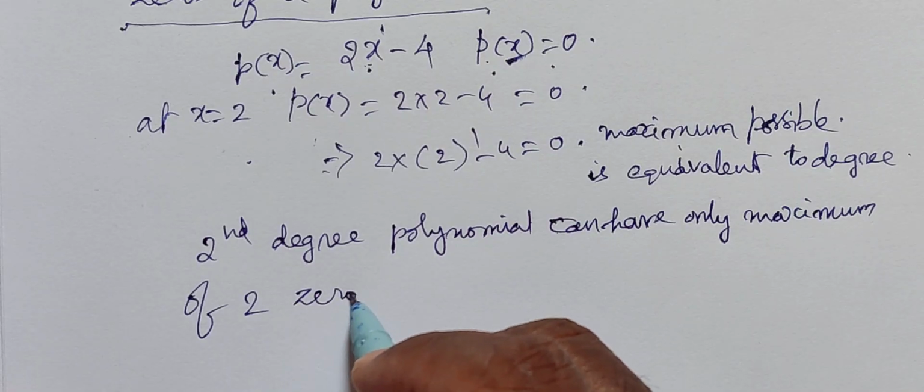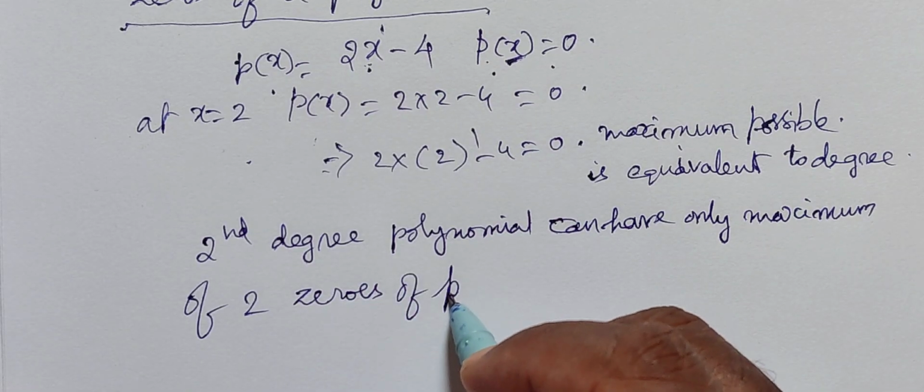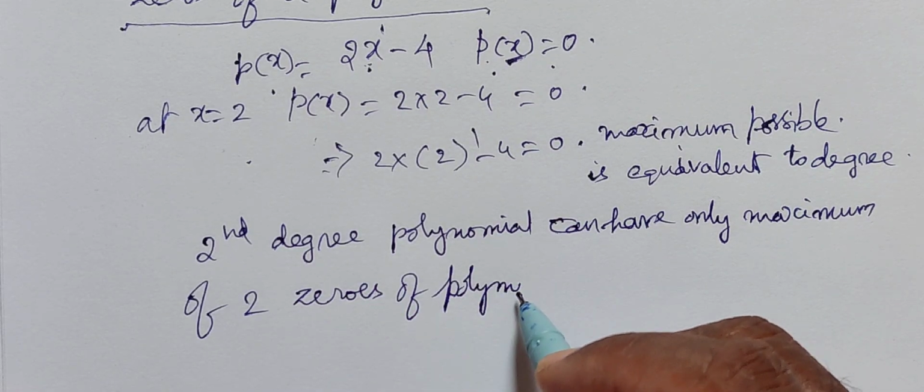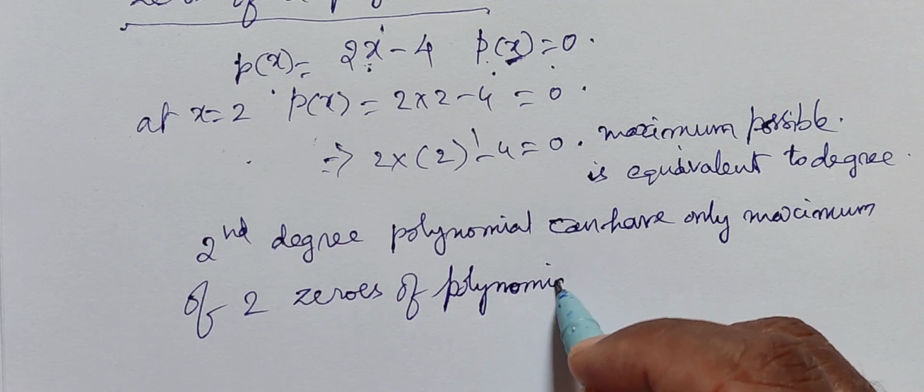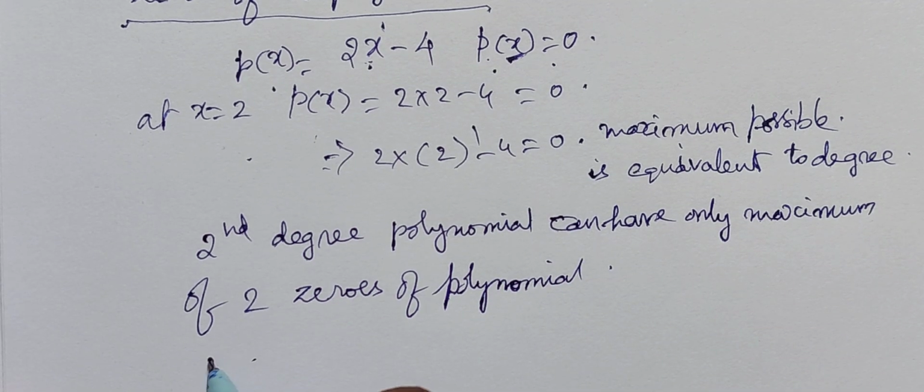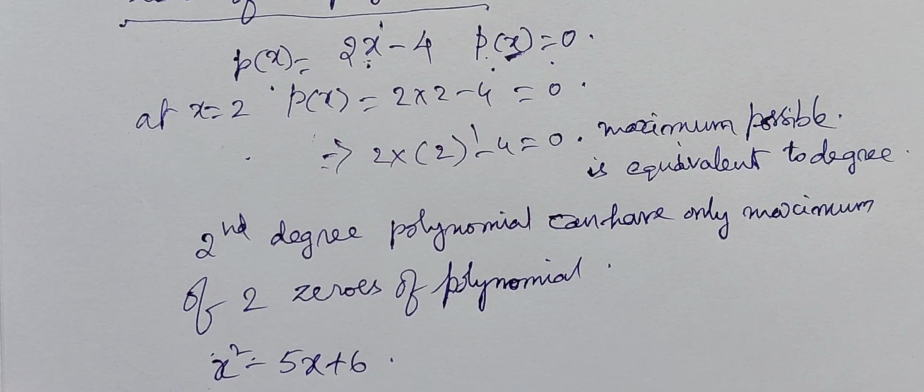What does it mean? Let us say there is a polynomial equation x square minus 5x plus 6. This is given as p of x, or you can simply say y.